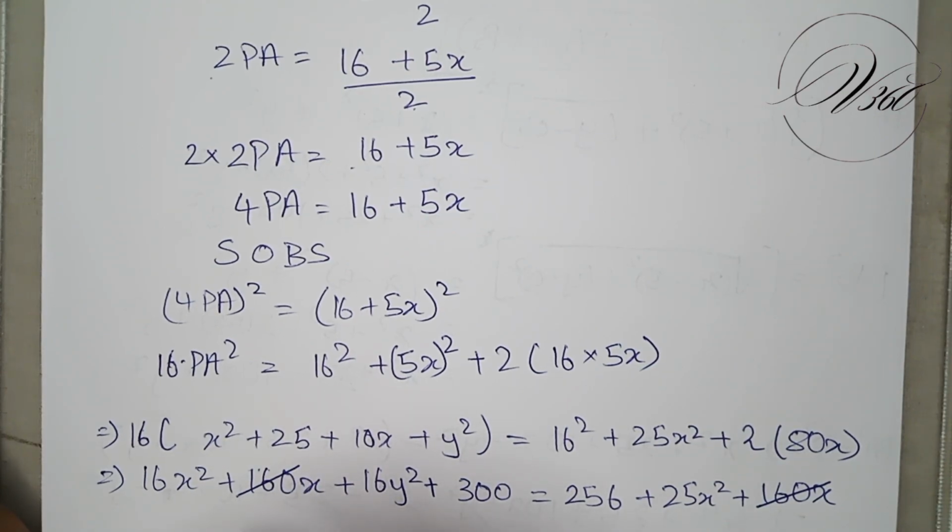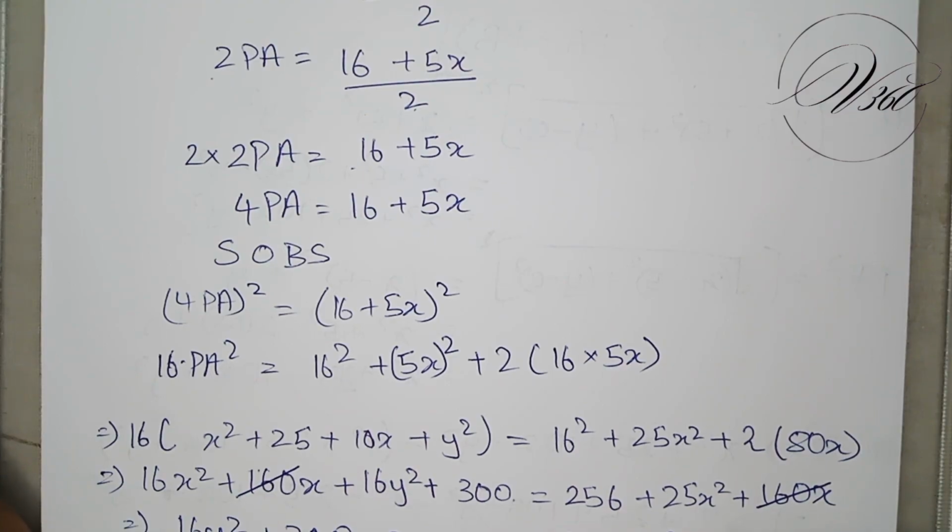Now here we'll get 16x square. We'll substitute this here and take this here. We'll first write 16y square plus 300 minus 256 here, which is equal to 25x square minus 16x square.